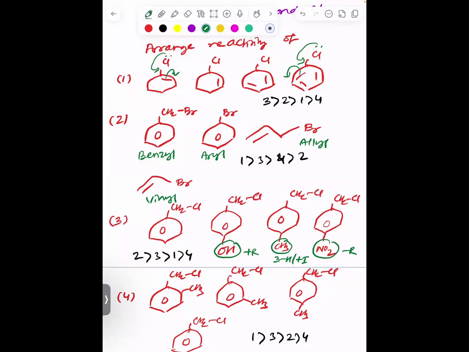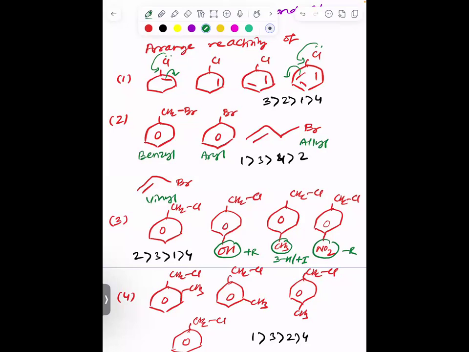You know that minus I and minus R groups decrease the stability of the carbocation intermediate, whereas plus R increases the stability to a greater extent, followed by plus I. So plus R increases stability the most, so it is highest, then plus I, then no effect, which is only the benzyl carbocation, and last is minus R, which decreases the stability.